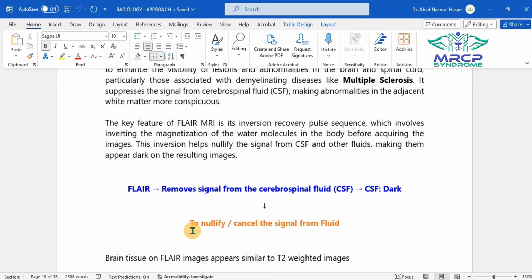In a T1 sequence, the CSF is normally dark, so T1 Flair will also be dark, but in the normal T2 sequence the CSF would be bright. If we go for T2 Flair, the Flair will nullify the signal from the fluid, so in the T2 Flair image the CSF will appear dark.